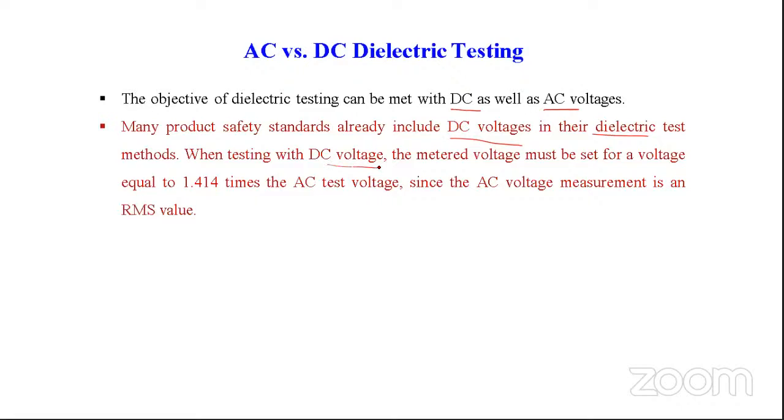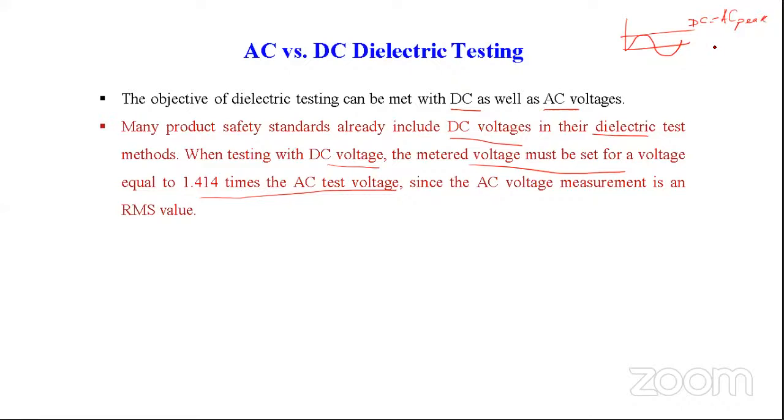When testing with DC voltage, the meter voltage must be set to a voltage equal to 1.414 times the AC test voltage. All of you know that if we test for a particular AC voltage and someone tests for a DC voltage, that DC voltage level is equal to the AC peak voltage.